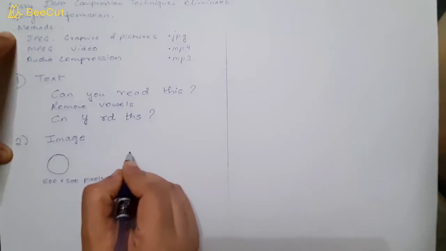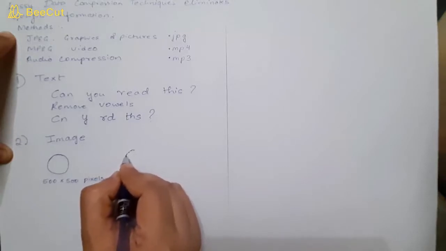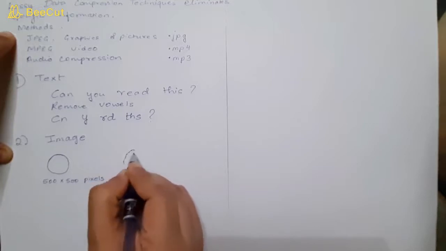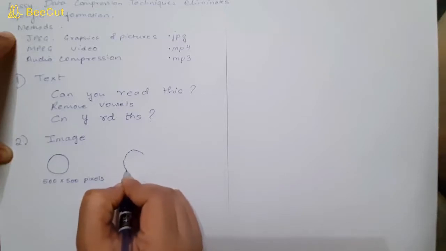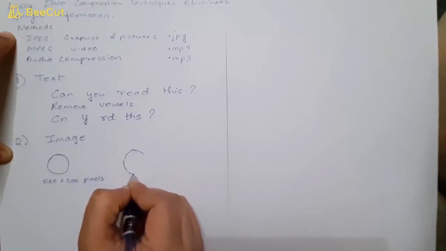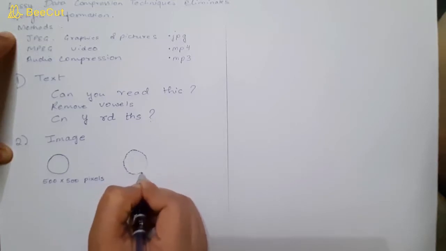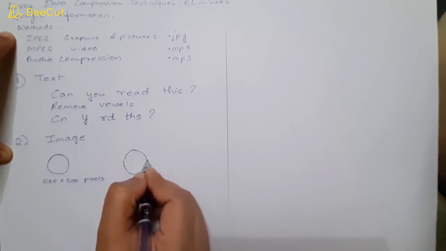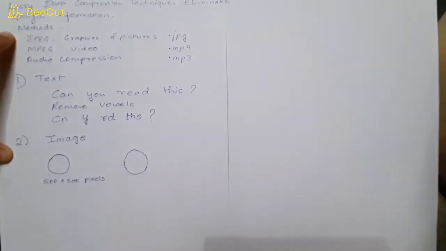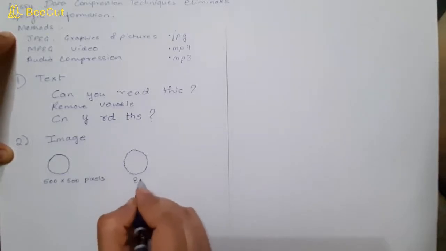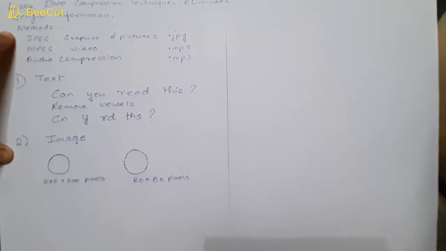If you reduce the resolution, the picture might be something like this. My art is not that good. It won't be very visible, but the corners will be blurred, and now it is an 80 by 80 pixel image.